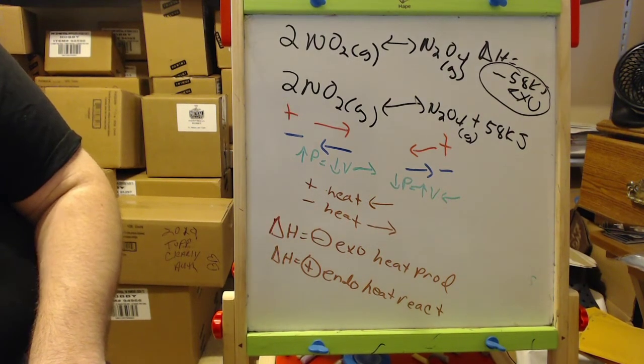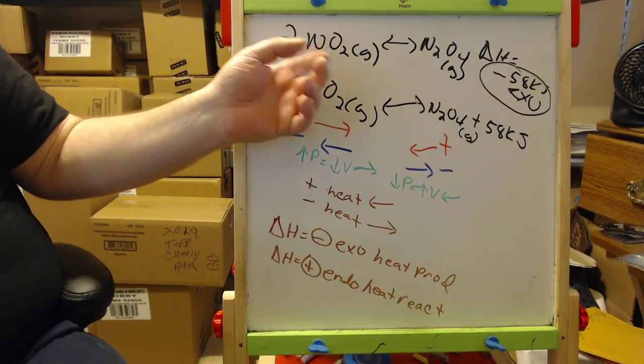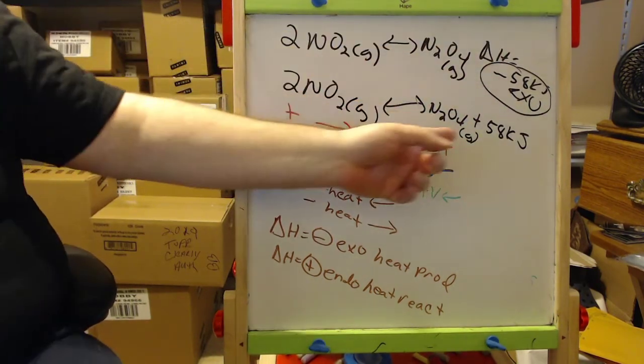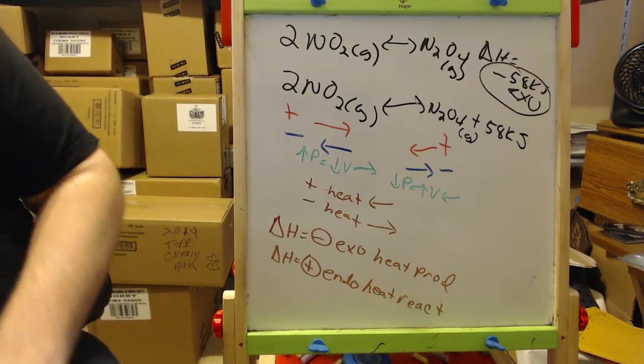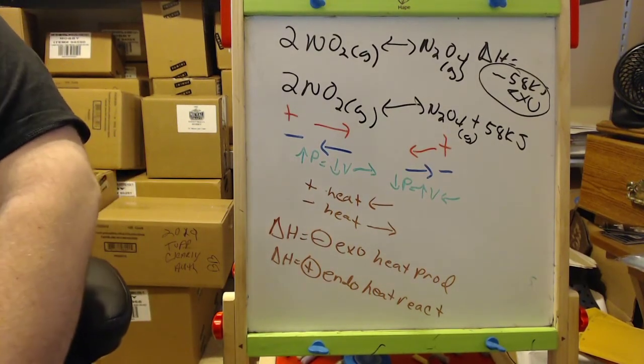So the first thing I would do on an exam, if I were given an equation like this, is to rewrite it like this, if I'm going to be asked Le Chatelier's principle kind of questions.